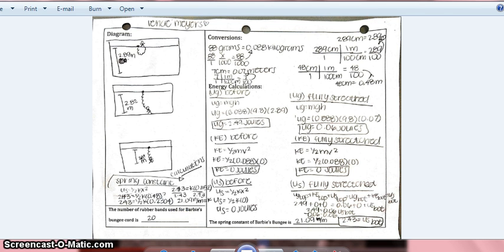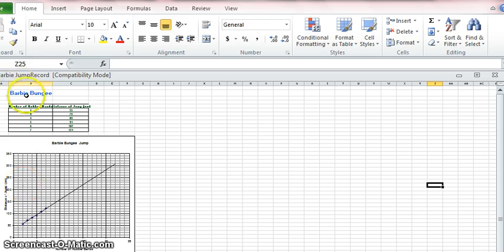So now I'm going to show you our Excel spreadsheet. Up here is our data for our choosing of rubber bands. It goes through 2 through 7 rubber bands and what was measured in centimeters when we dropped the Barbie. And down here is a graph with all of our numbers, and we're looking for 289 centimeters because that's how long the Barbie has to fall.